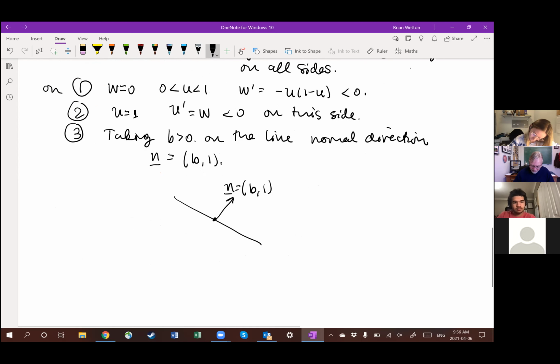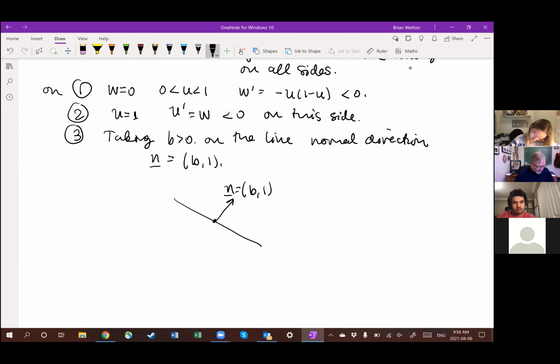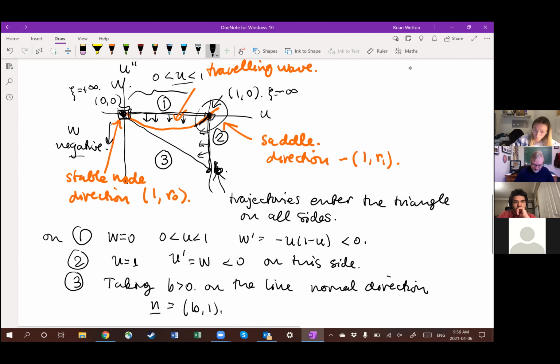And on the line also, the value of W is minus B times U, right? It's just a straight line.